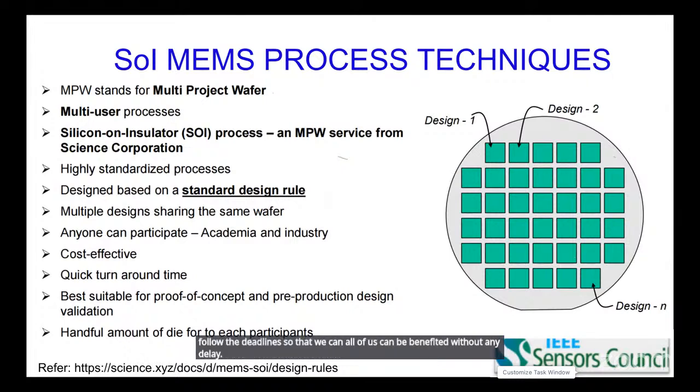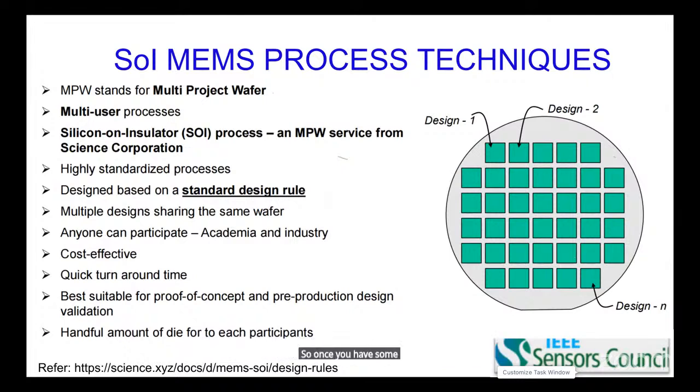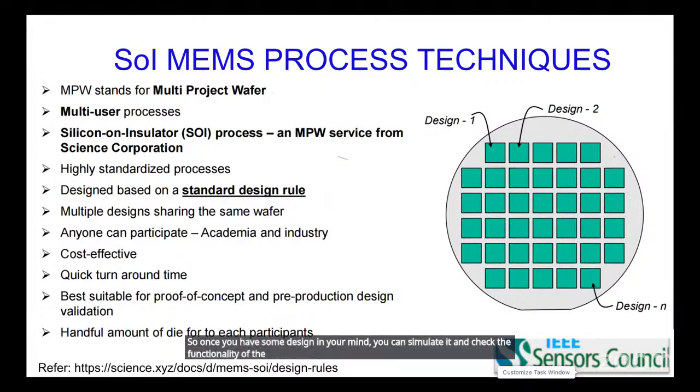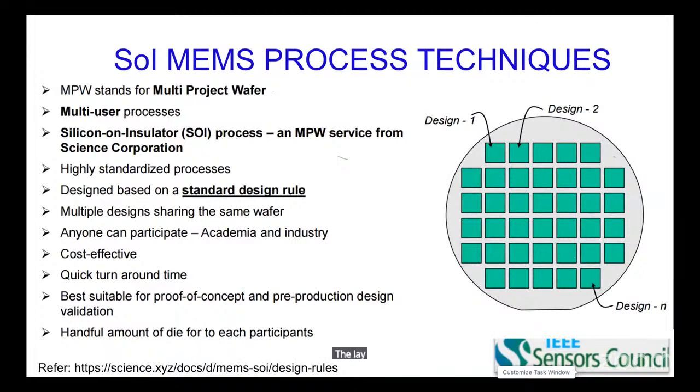Once you have some design in your mind, you can simulate it and check the functionality of the design. And there will be one more class given to you on how to create the layouts which can be given to the Foundry. The layout file will be in a GDS form.